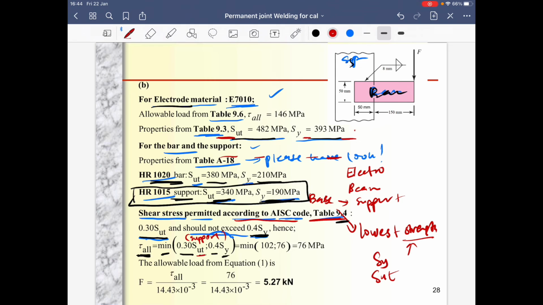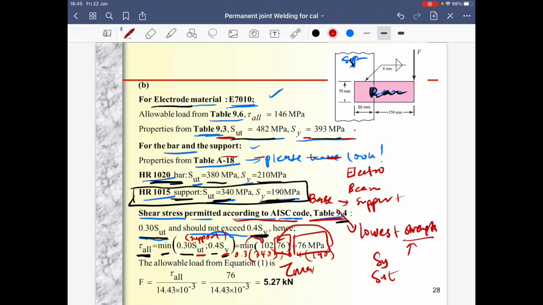So 0.3 times 340 megapascal and 0.4 times 190 megapascal. That's why you get 102, and then 76. We choose the minimum one, which is 76 megapascal, as the allowable stress.